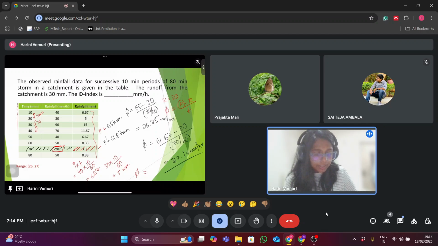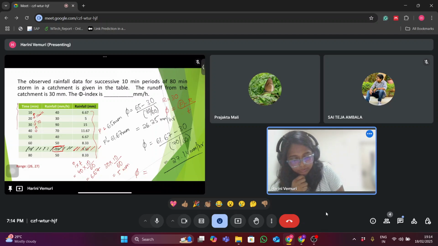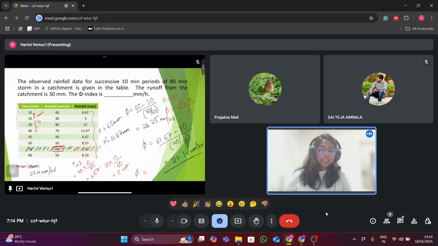So this will be our pi index value. So the answer will be 27.14 mm per hour. I hope this calculation is clear.